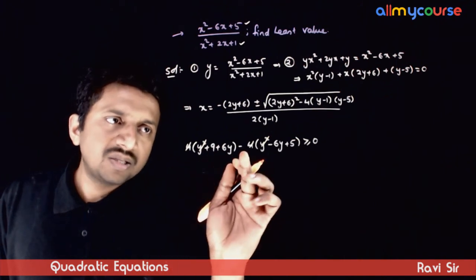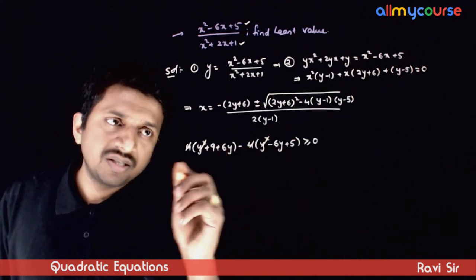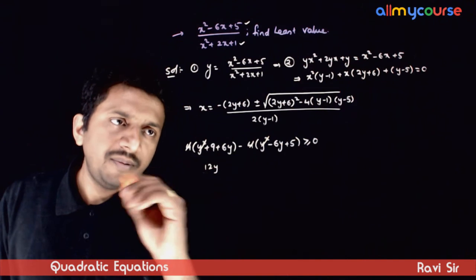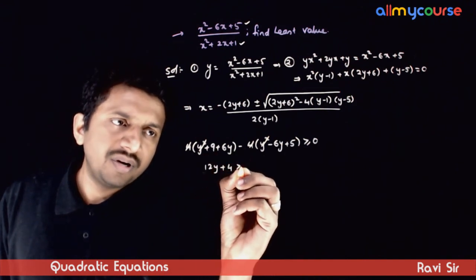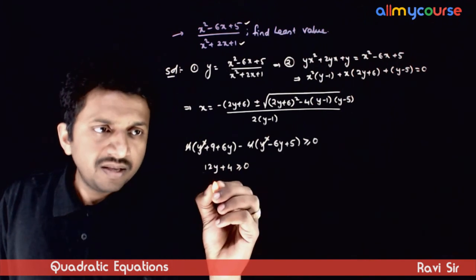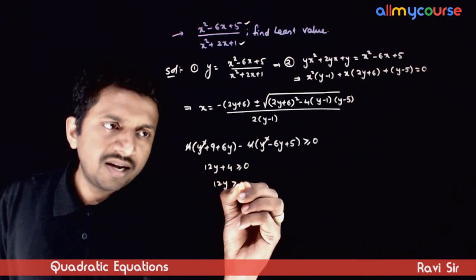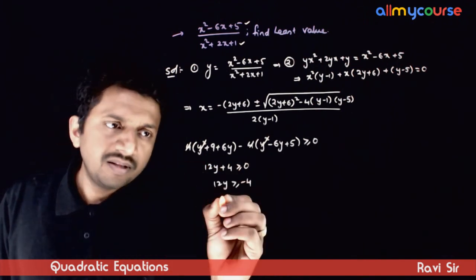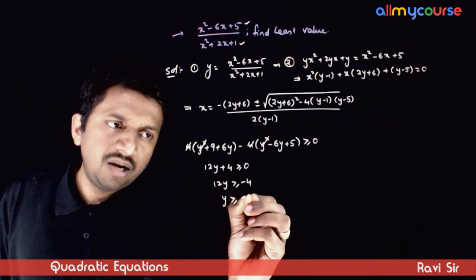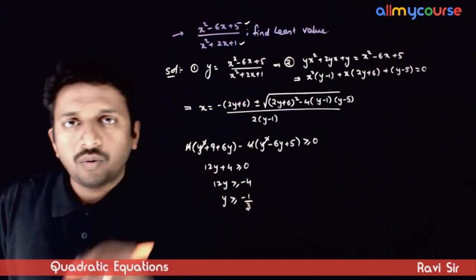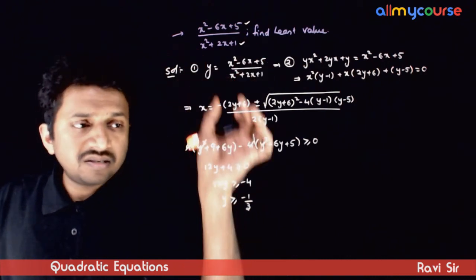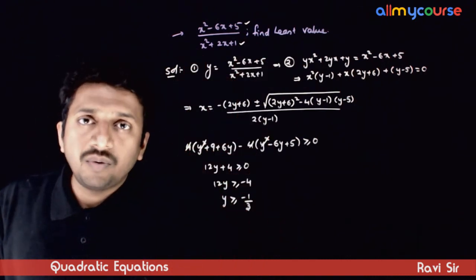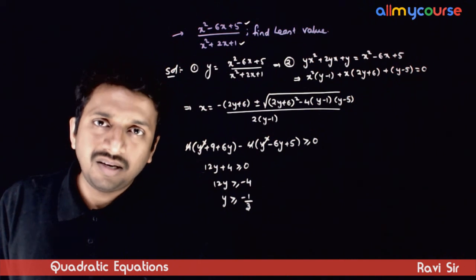So 9 plus 6y minus 5, so 12y plus 9 minus 5, that is plus 4, is greater than or equal to 0. 12y is greater than or equal to minus 4. So y is greater than or equal to minus 1 by 3. Means the value of this is always greater than or equal to minus 1 by 3.